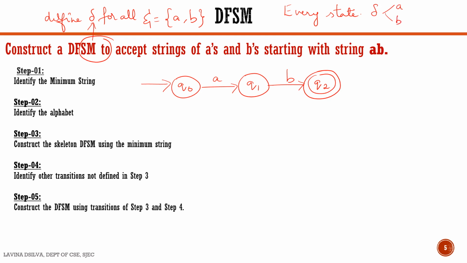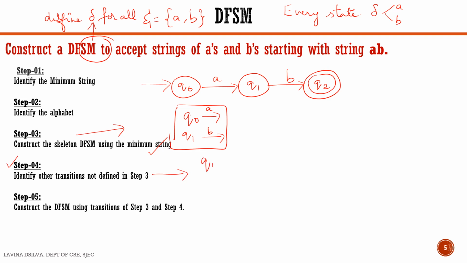So see the transitions which are defined in step 3. On state Q0 we gave an input A, and on state Q1 we gave an input B. These were the two transitions defined for the skeletal DFSM. So define the other transitions which were not identified in step 3.